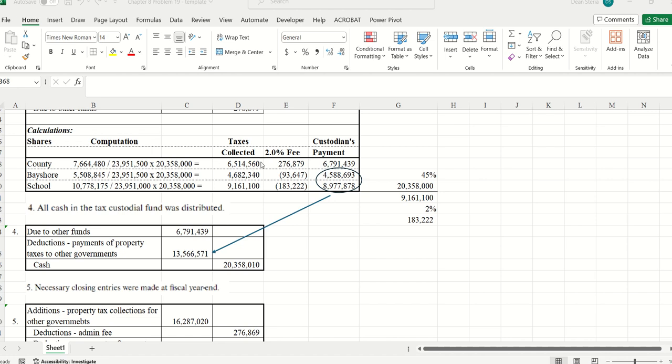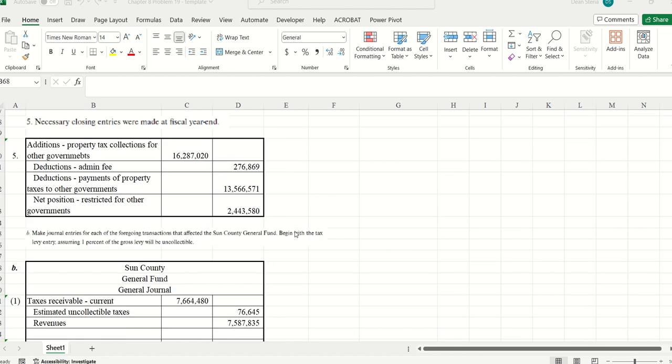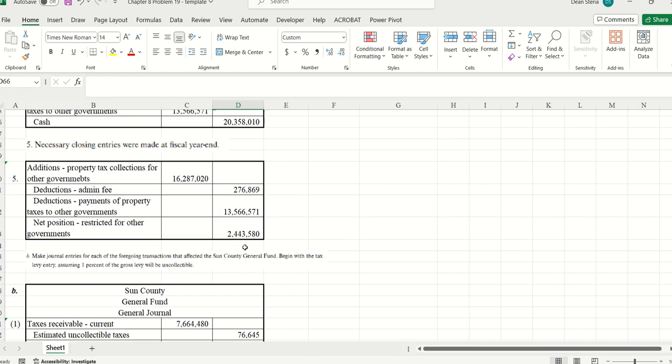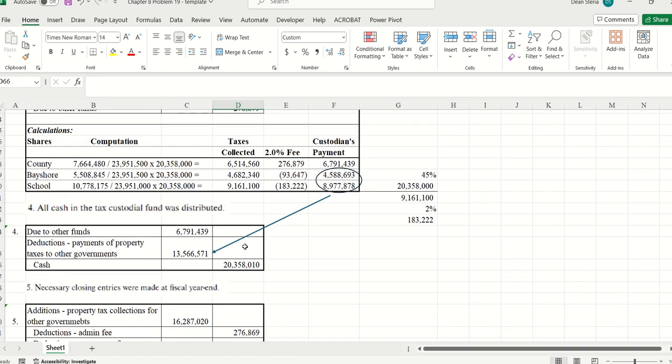Our part of the taxes we collected plus the fees we charged them. So that is the 6,791,429, and then our taxes receivable is this number right here, because that's how much we actually collected.